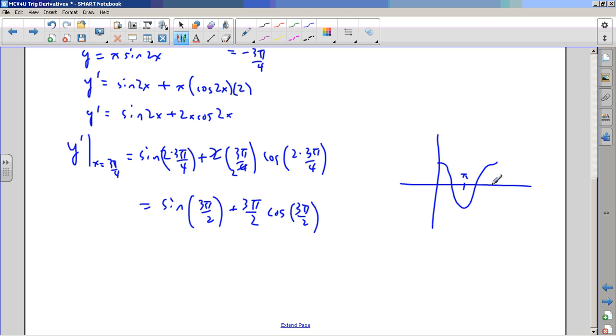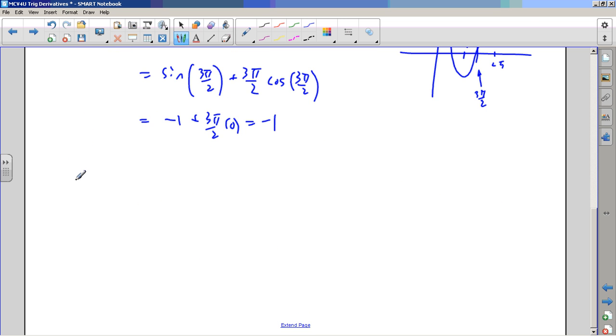There's pi, there's 2 pi, there's 3 pi over 2. That's 0. So I get the sine of 3 pi over 2, which is -1, plus 3 pi over 2 times 0, which is just -1. So the slope is just plain old -1.